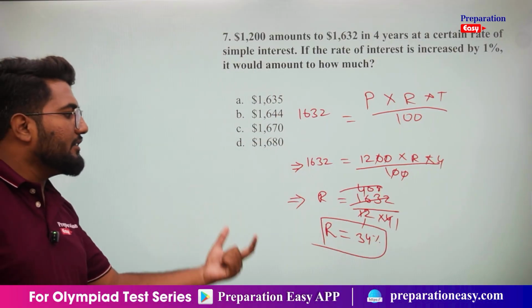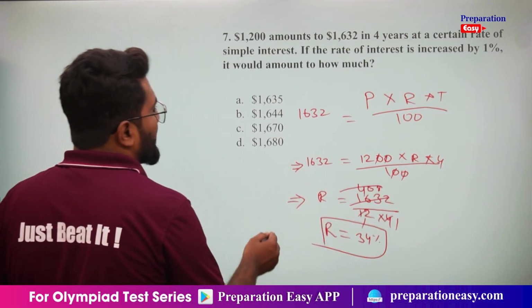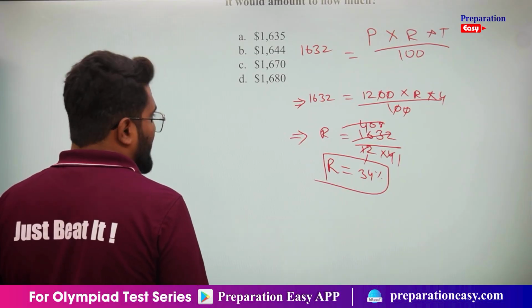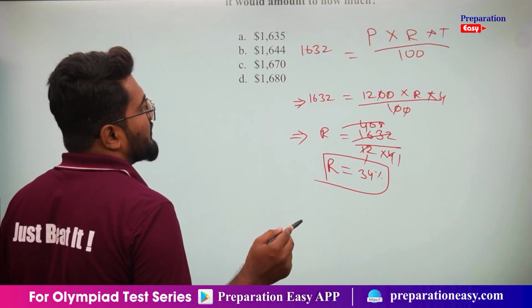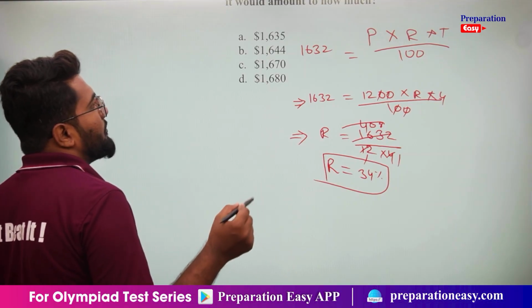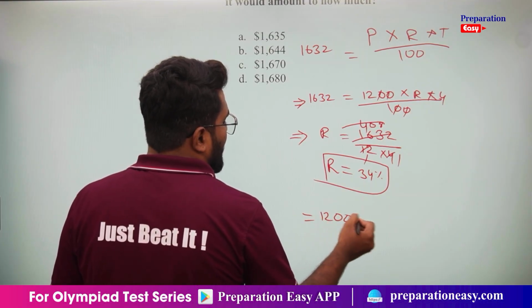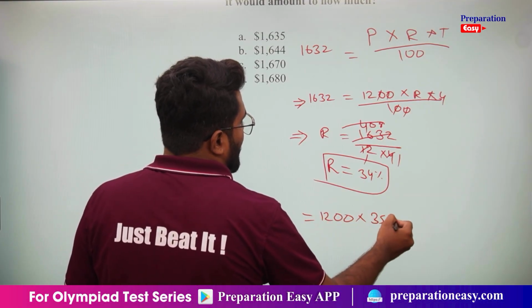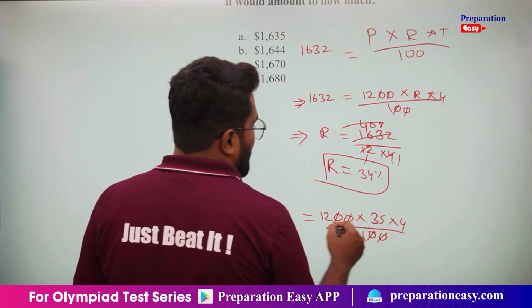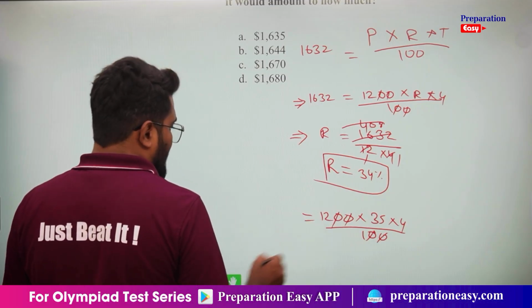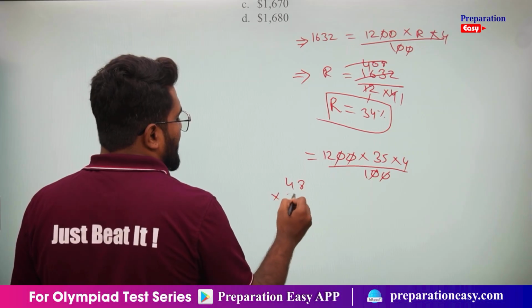If it is increased by 1%, we have the same formula. What is the formula? PRT. P is 1200 again, rate of interest 35, tenure 4 years, divided by 100, 0 0 cancel, 12 4s are 48. 48 multiplied by 35.